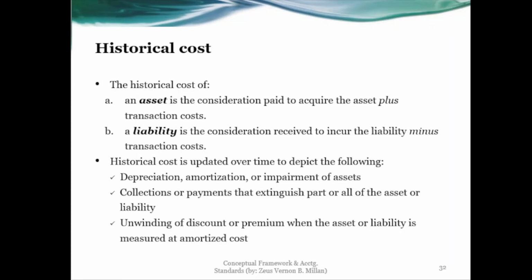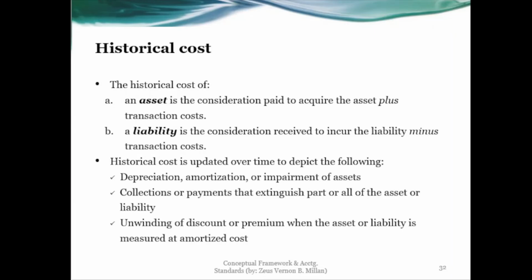Now, historical cost is updated over time to depict the following. You have depreciation, amortization, or impairment of assets. Of course, collections or payments that extinguish part or all of the asset or liability, and unwinding of discounts or premiums when the asset or liability is measured at amortized cost.